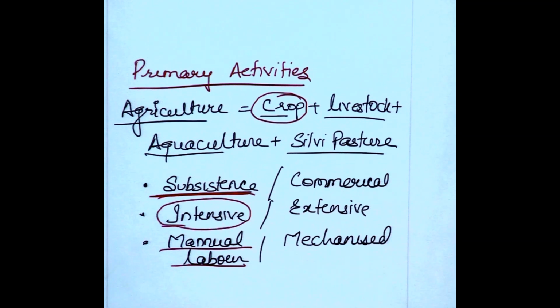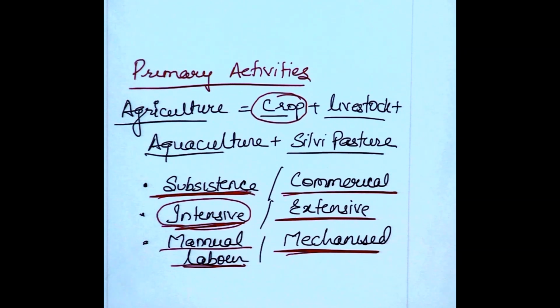Intensive is largely related to unfavorable land-man ratio, in the sense that land holdings are small, and that is the reason I need to practice intensive culture. And we have got the opposing terms to it. Subsistence is essentially intensive and labor centric. Commercial, where you are producing even food crop for market sale, is extensive and is mechanized, because such big farms cannot be cultivated with manual labor support.